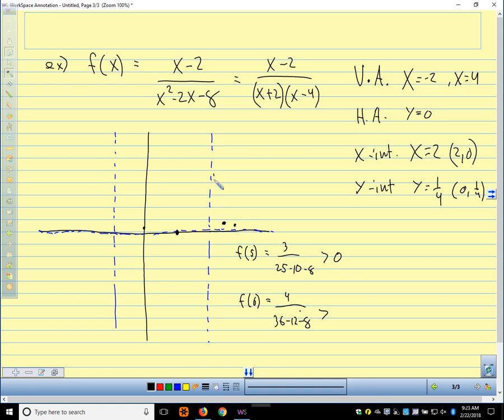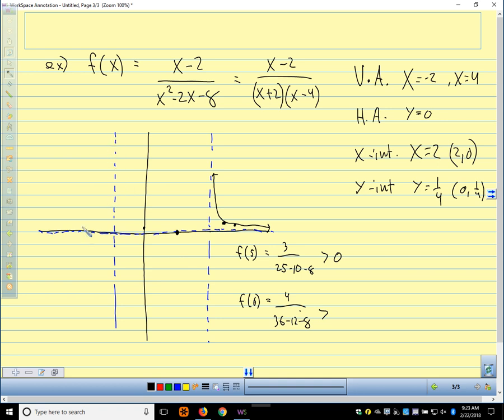So I'm going to say this function does this. And we know it's going to stay positive because if x keeps getting bigger, our numerator is always positive, and we get this big squared, and the 2x minus 8 isn't enough to make it negative. So it's going to stay positive. It doesn't cross the horizontal asymptote.